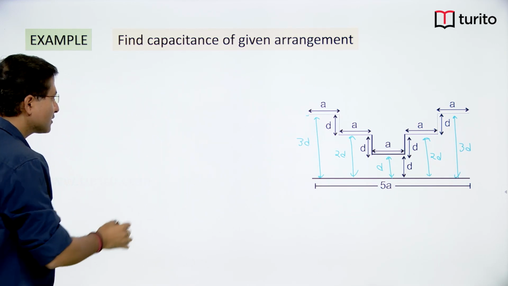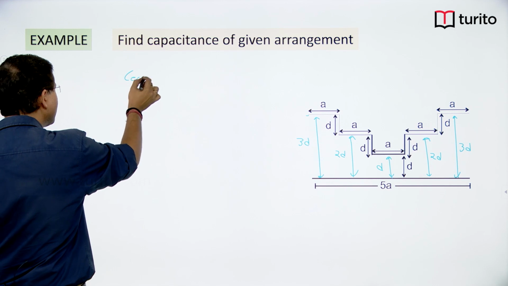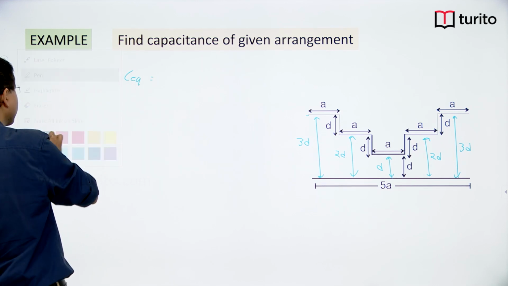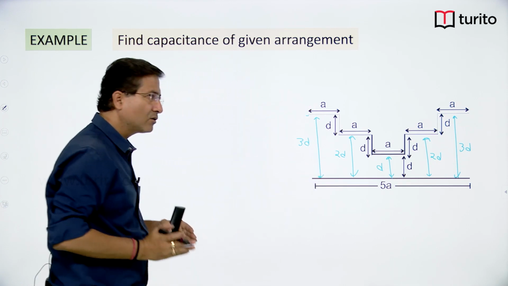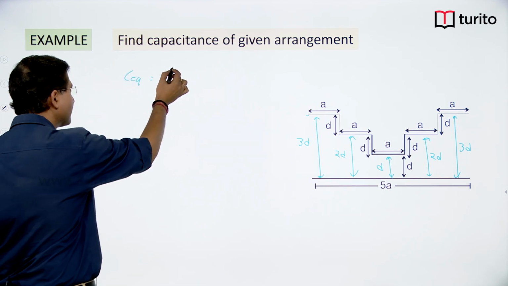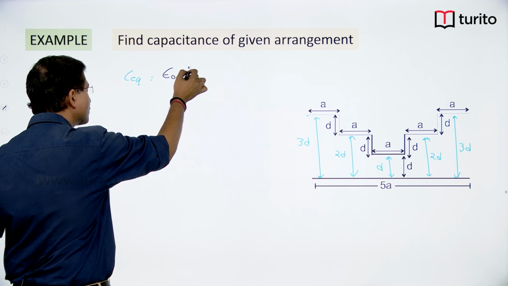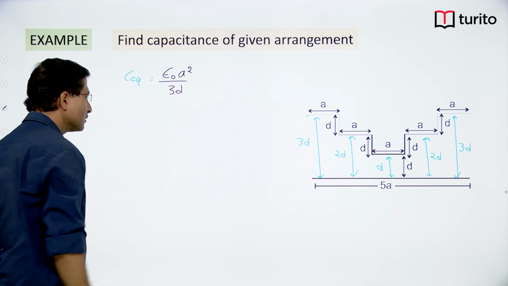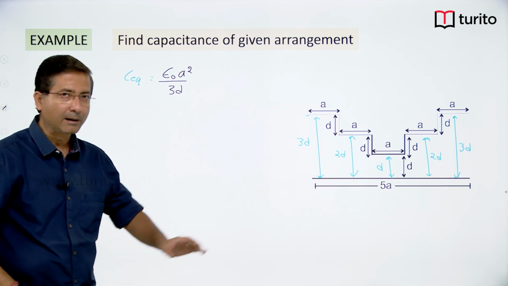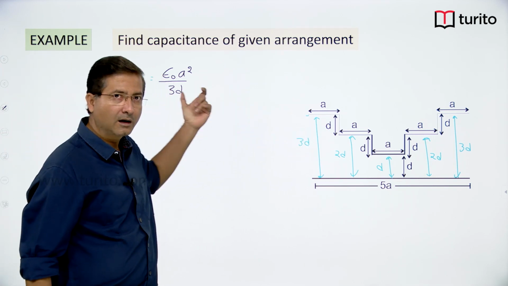So, the situation is clear. So, the equivalent capacitance for this one, epsilon naught A by D, right, epsilon naught A square by 3D. So, the capacitance of this one I have written here.